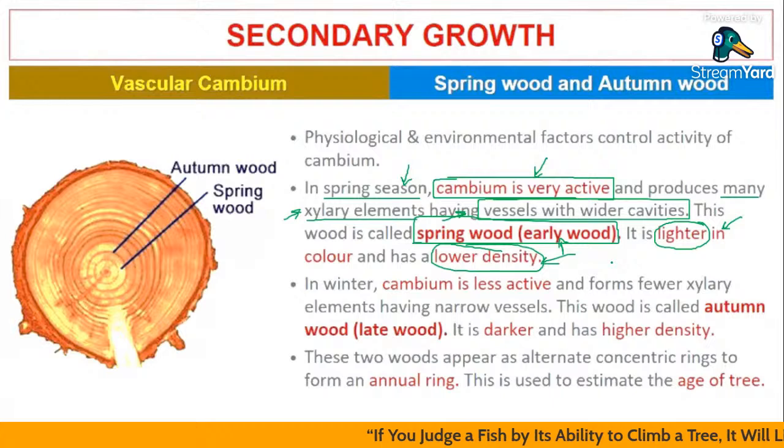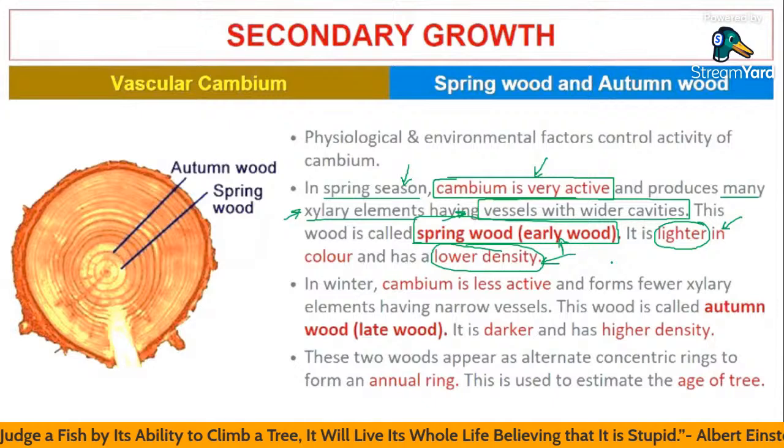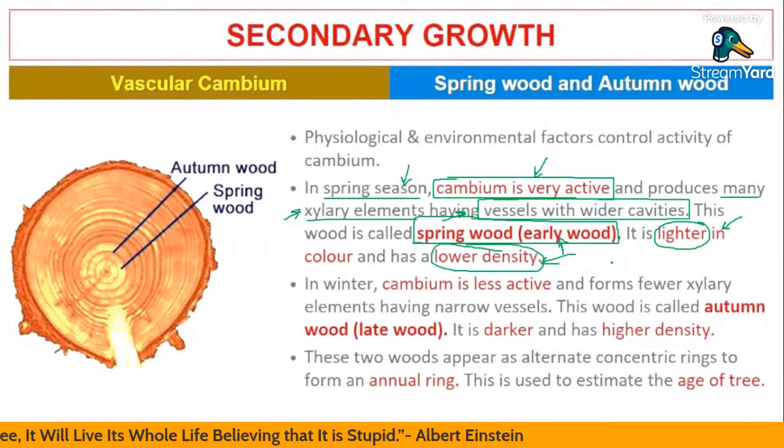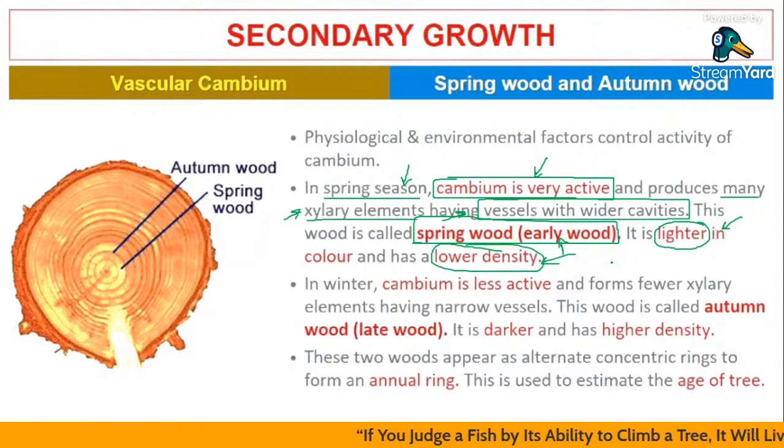Clear, everyone? So during the spring season, the cambial activity will be very high, so it will form more xylem elements with wider cavity. This wood is known as spring wood or early wood. And what is the peculiarity? The spring wood or early wood is lighter in color and has a lower density.